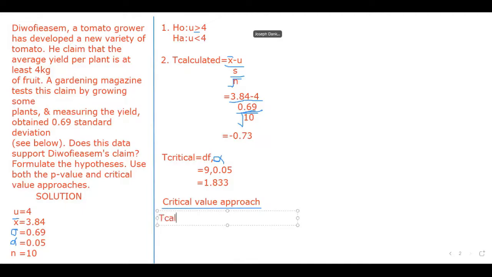T calculated is negative 0.73, but we take the absolute value, 0.73. And T critical is 1.83.